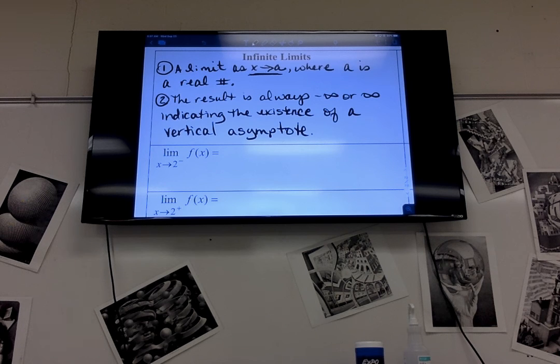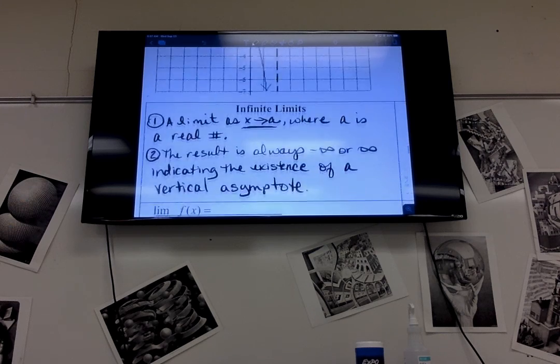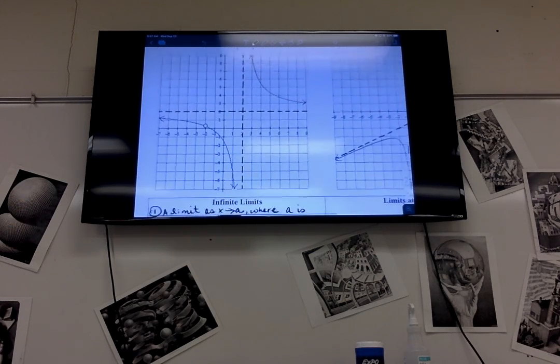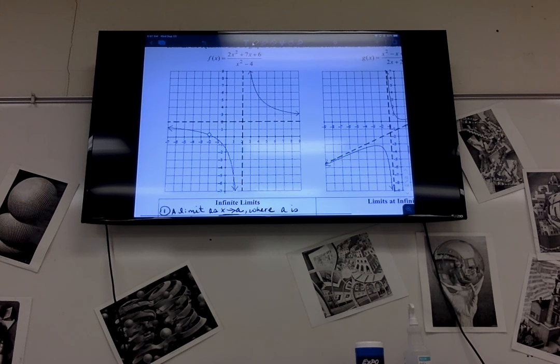The limit as x approaches 2 from the left-hand side of f of x. So let's look at this. As x approaches 2, that would be positive. Oh, I was looking at negative.